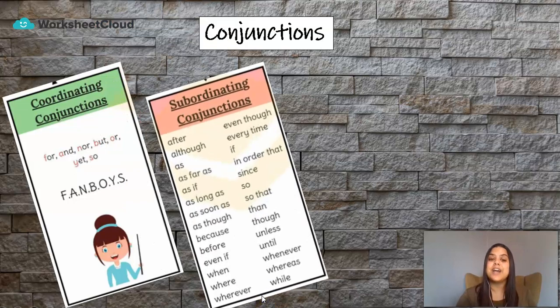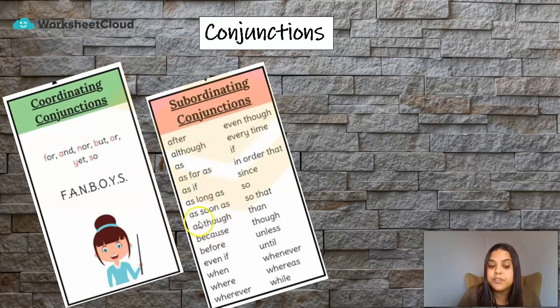Then we have subordinating conjunctions. Okay, and there's a long list over here of the different kinds of subordinating conjunctions. I thought that it was interesting to take note, grade 4s, that these are the ones that when you see them in a text or you are reading them or you have an activity based on them, that you know the different kinds of conjunctions. So words like after, although, as far as, if.